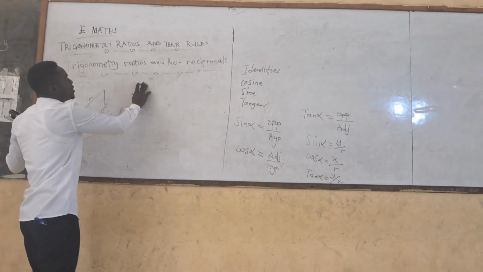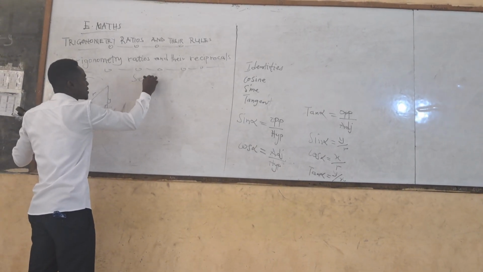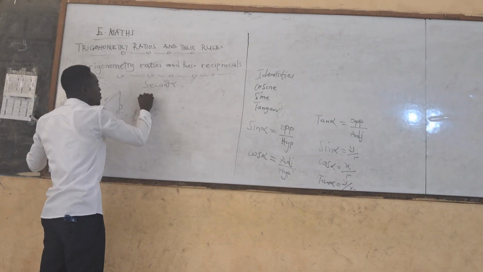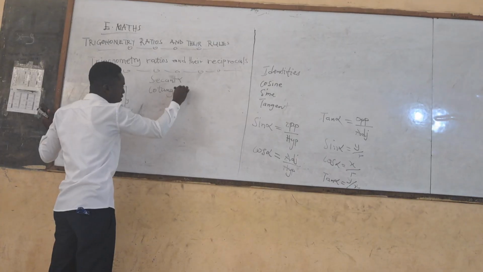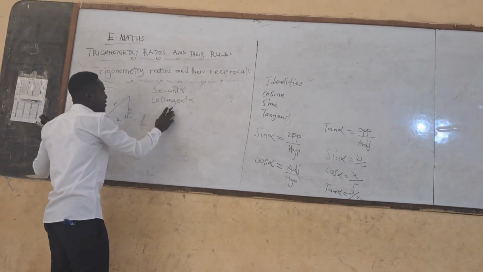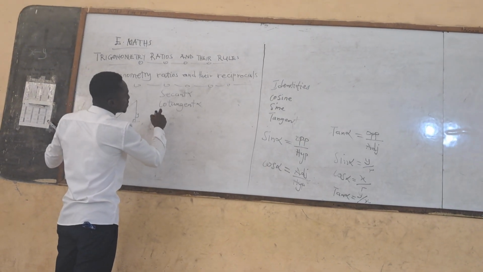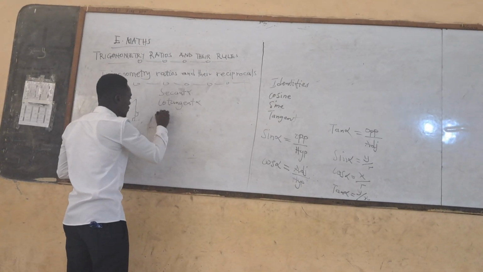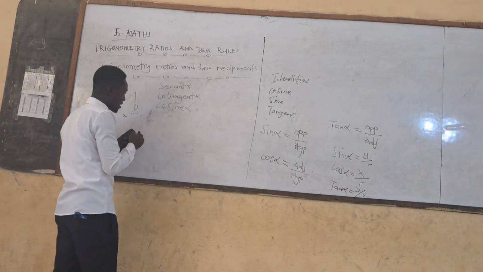So their basic ratios, we have secant, cotangent of a certain angle which is alpha, and then cosecant of the same angle.